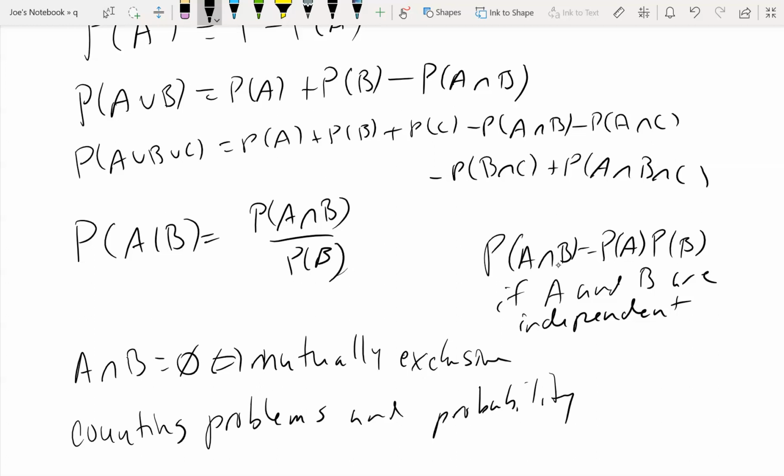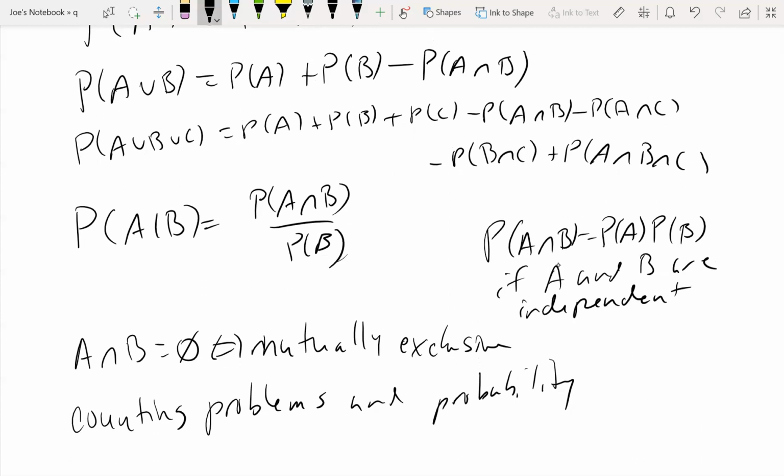So multiplication principle, permutations, combinations, those things. And then, of course, the stuff that we just had with the probability distributions.